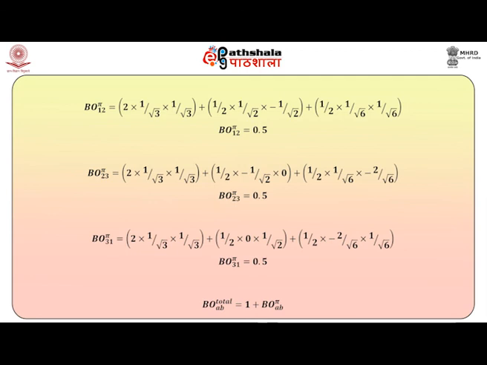Since between any two carbon atoms, besides the pi bond, there is also a sigma bond whose order is 1, therefore the total bond order between any two atoms will be 1 plus the pi bond order, which is 0.5, and that comes out to be 1.5.